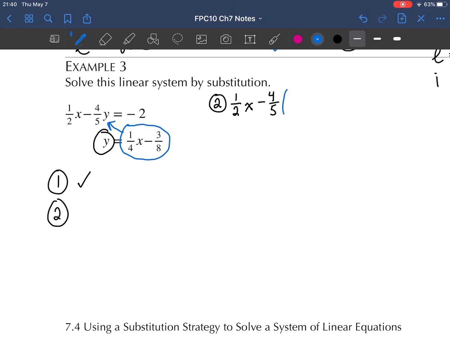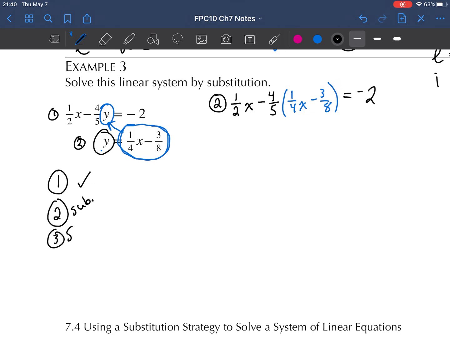Now instead of putting y in here, we put what y equals. 1/4 x minus 3/8, and that equals minus 2. So step 2 is substituted into the other equation. So this is equation 1 and equation 2. So we took equation 2 and substituted in equation 1.